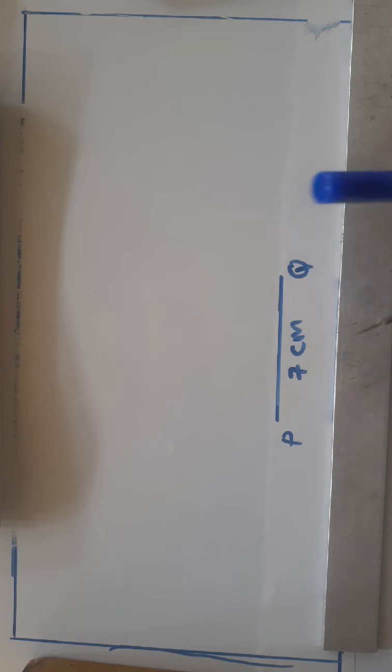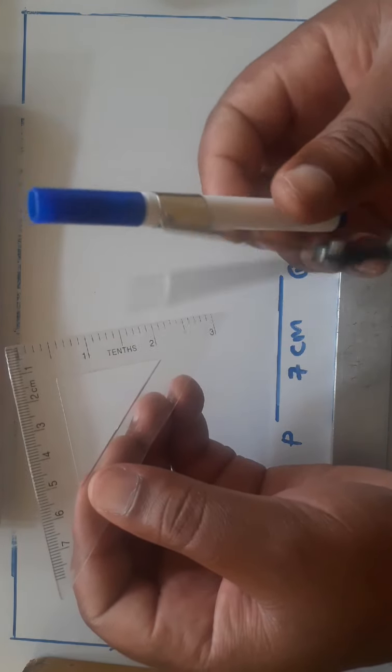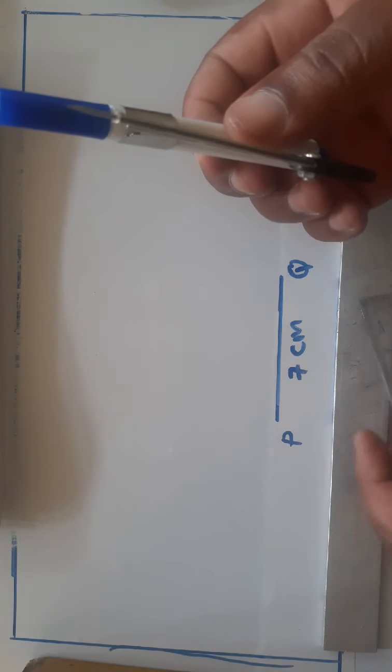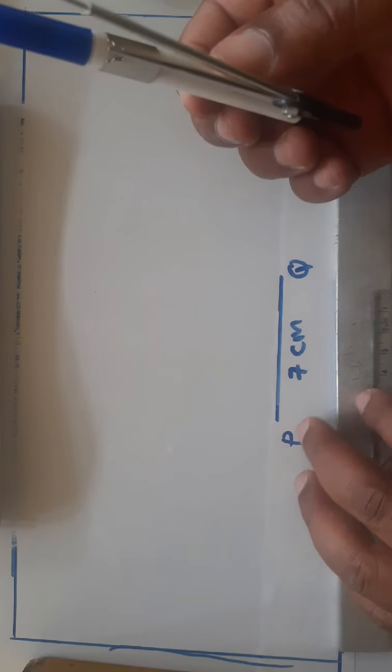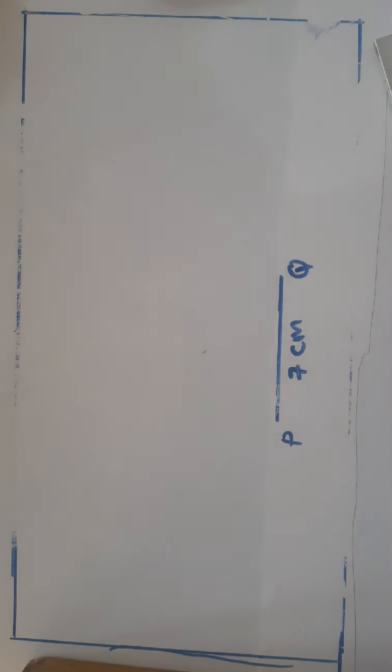So now, what you are going to do is, you get your ruler and measure 6 centimeters using this compass. Take note. See what I'm doing. I want to take my time so that we do the correct thing.